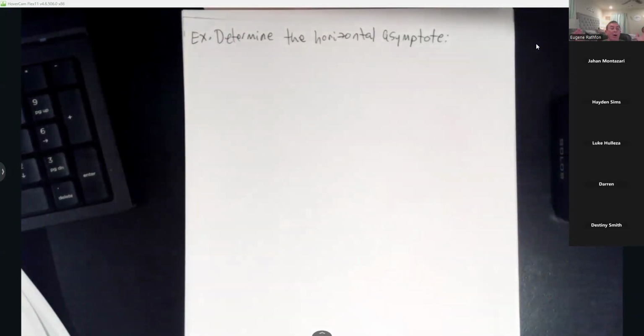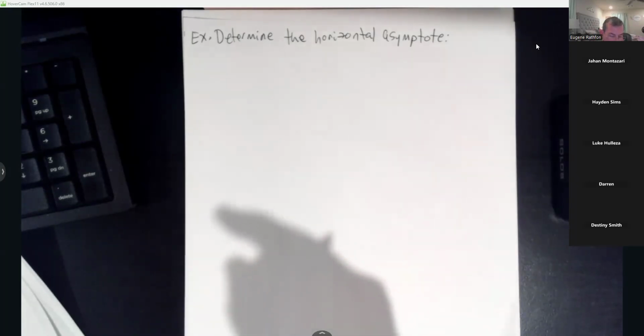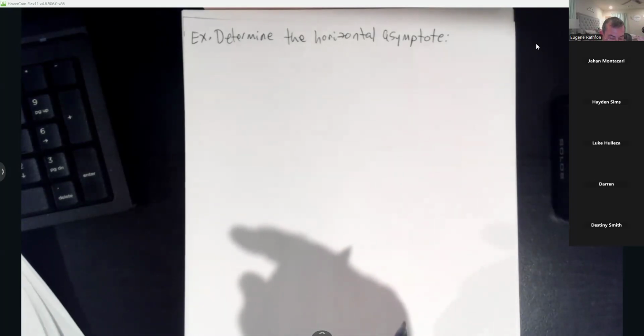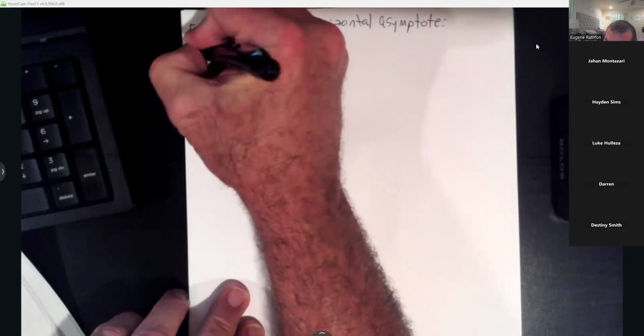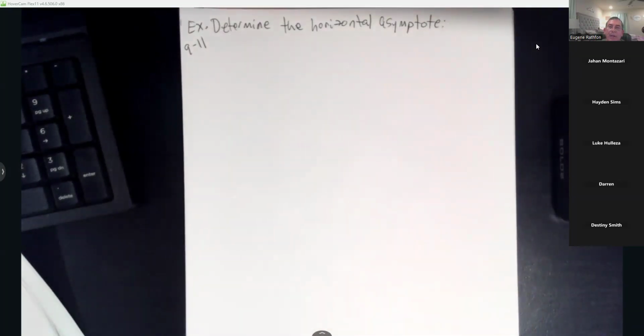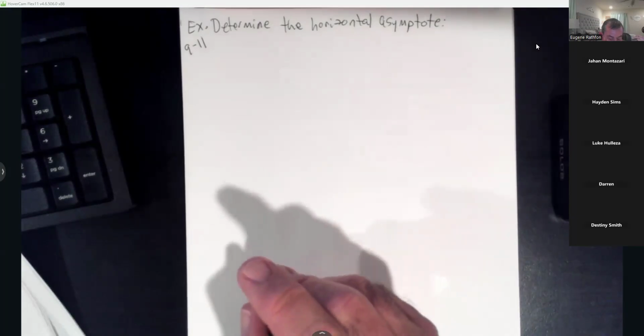But y'all remember, all I'm going to be looking at is the exponents. The highest exponent on top and the highest exponent on bottom. I'll have 3 cases. Top's greater, bottom's greater, or they're equal, okay? So these problems are going to be 9 through 11. Okay, so 9 through 11, you're going to be finding horizontal asymptotes.